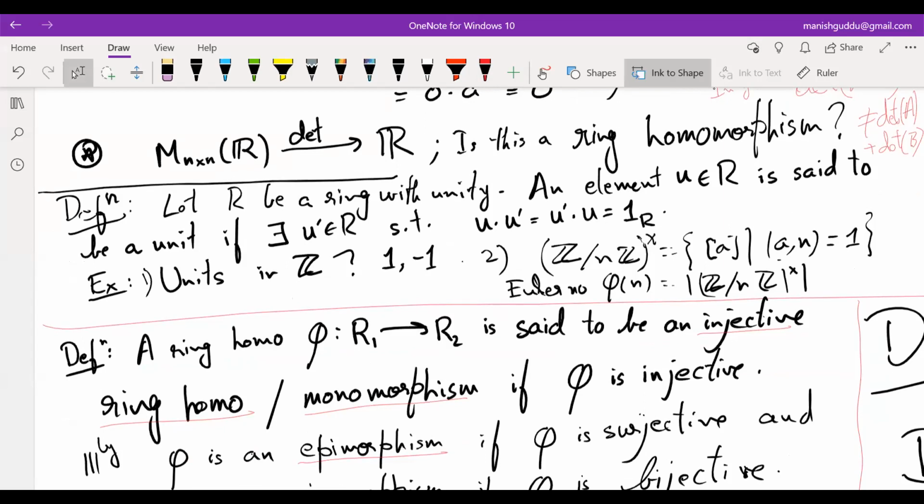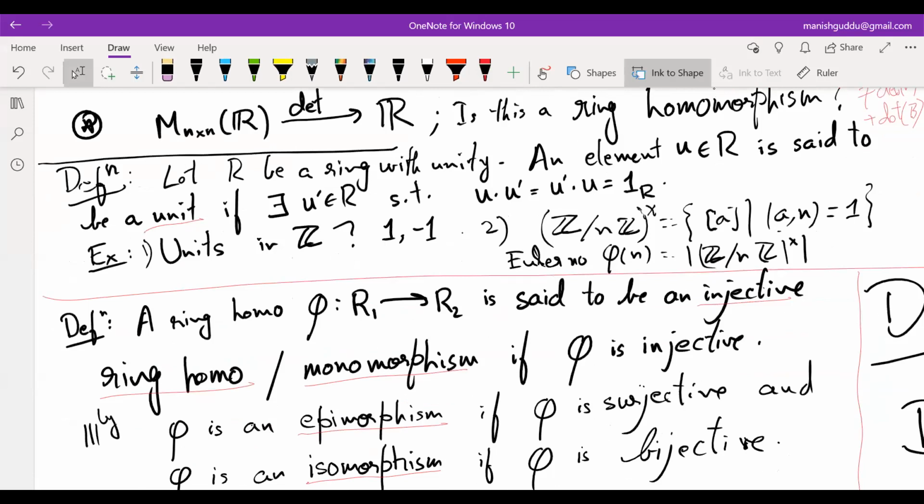Then we were talking about units in a ring. An element u of R is said to be a unit if there exists u prime in R such that u times u prime is 1. Units in Z are 1 and minus 1, and units in Z mod n Z are the classes of those numbers which are co-prime to n.